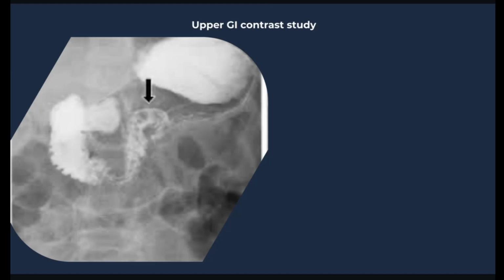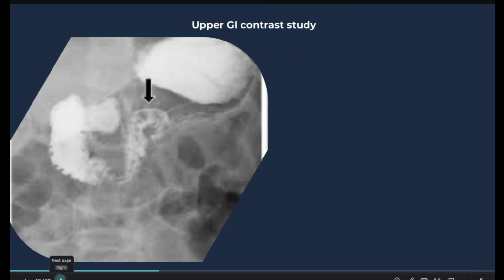Then as it comes down, the vertical section is D2. Then it crosses to the left. That is D3. And then that comes up on the left side of the spine. That's D4. So the arrow is highlighting the duodenojejunal junction. So this is a good study, but this is a normal study. So the next picture, we'll see the difference.